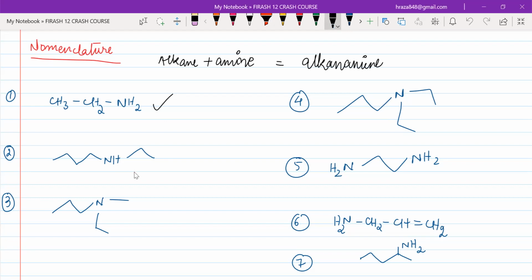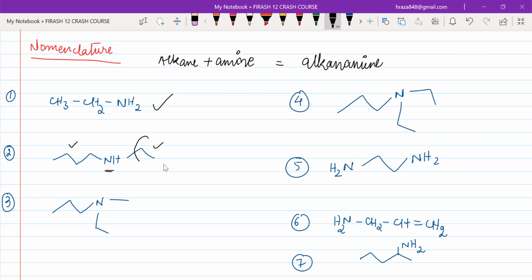Second, pentanamine? No. This is a secondary amine, and you can see there is an alkyl group on one side and another alkyl group on the other. So you have to decide which one will be treated as the parent chain.